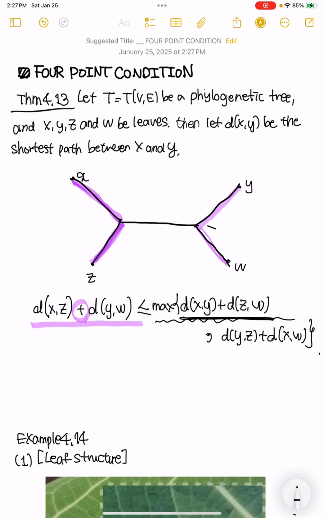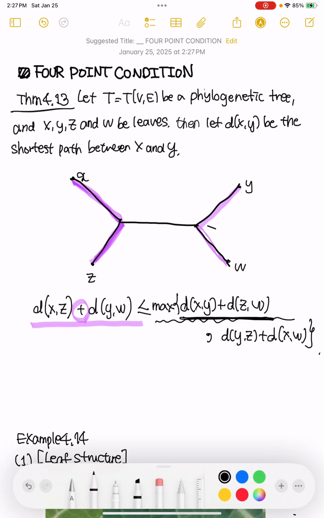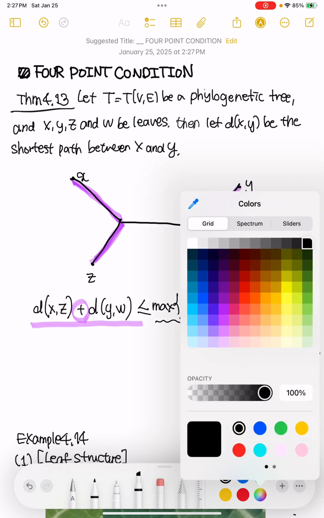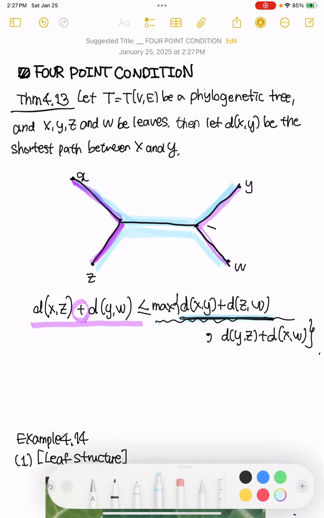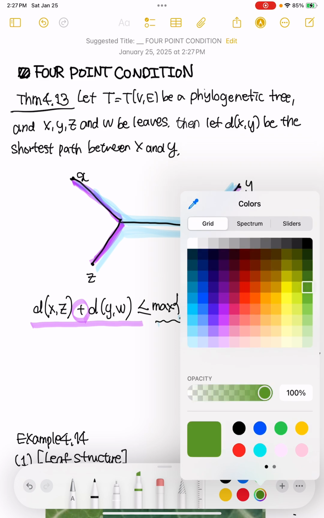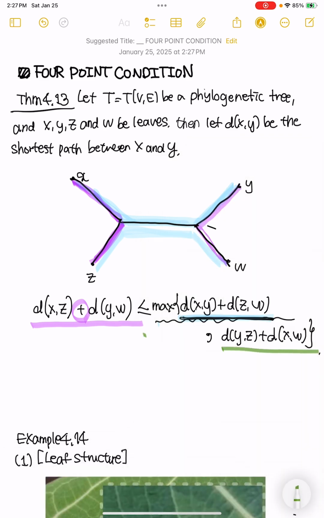So the first part is that dxy, the shortest path, is like this, and add dgw, some of this blue line, and that means dyg, when you think about the shortest path, is here, and add dxw like this.